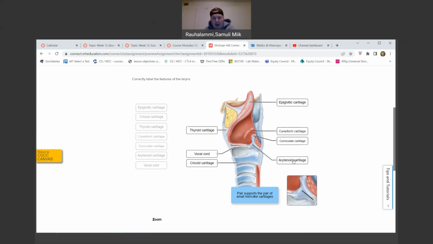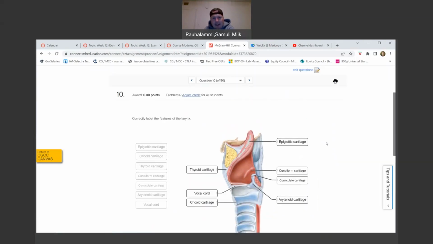At the very top of the arytenoids, we have our corniculate cartilages, the very fine tips on top of those, and we have our cricoid cartilage, the most inferior part of the larynx, the only fully enclosed fused ring. And then we had our cuneiform cartilages within the wall structures, within the soft tissue, often not really visible on these models that we look at.